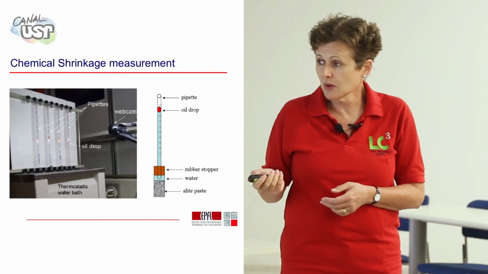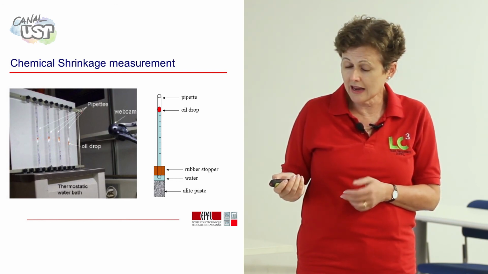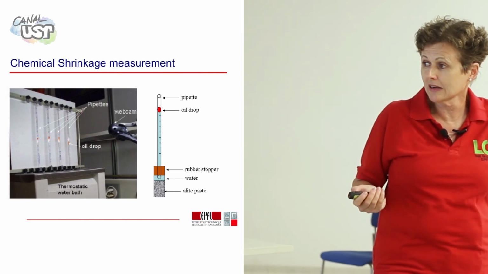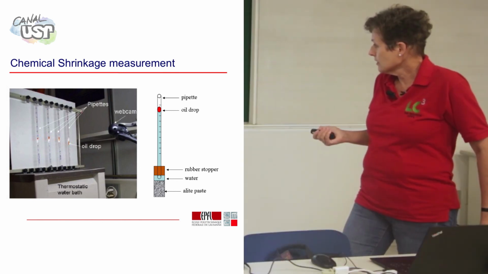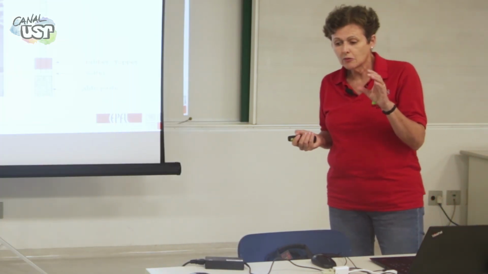So the idea is we have the paste here. This is rather a thick layer, and as I'll explain in a minute, we wouldn't want to have a layer that thick. And then we gently put water on the surface. You don't have to wait for setting, because even after a couple of minutes, the paste has enough cohesion that you can gently put water on top without that water mixing in.